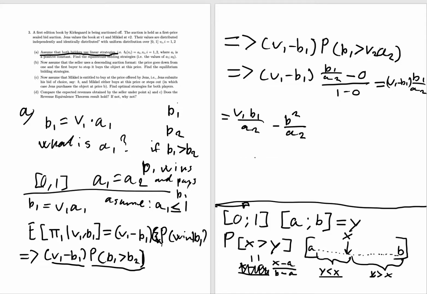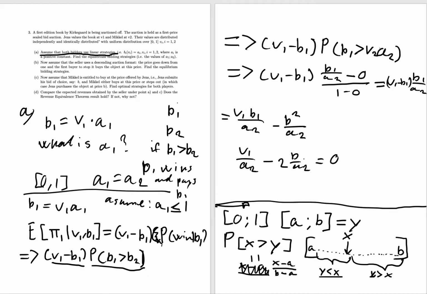So I am going to be missing some notation here, but hopefully you guys will be able to follow what is going on anyways. So now we're differentiating this and maximizing it by setting this equal to 0.